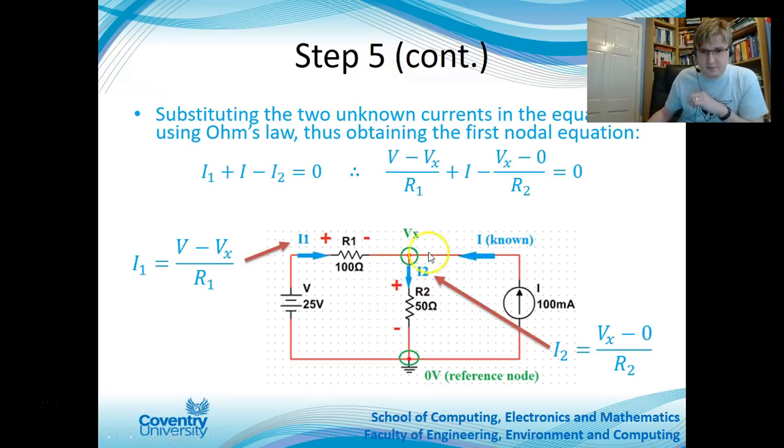For R2, we have this unknown value here and 0 volts here, so the voltage drop across that is Vx minus 0, and to find the current through it, we divide that by R2, which gives us Vx minus 0 over R2. And because we know I already, we can just sub all that into our I1 plus I minus I2 equals 0.